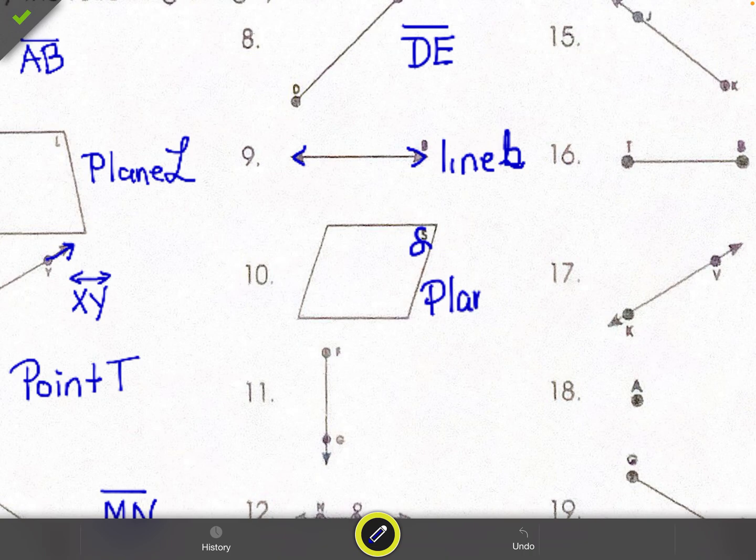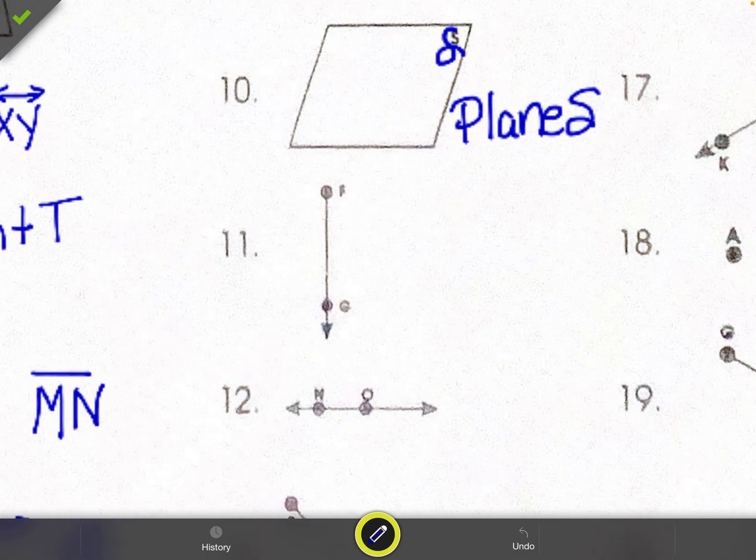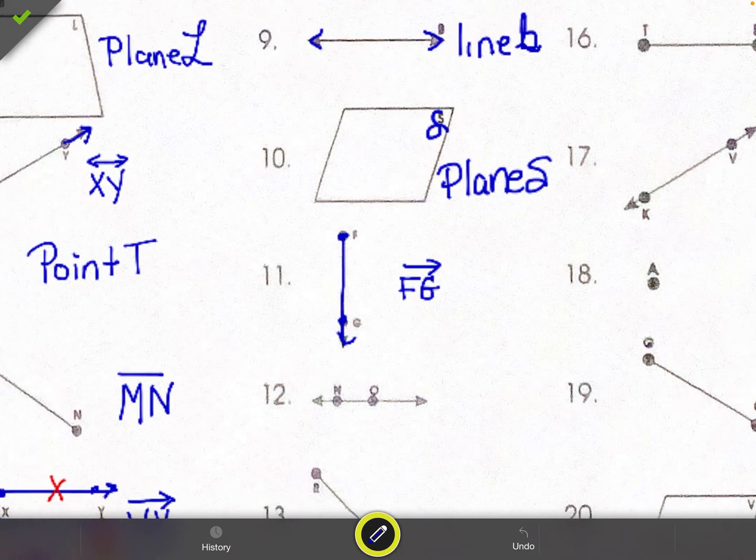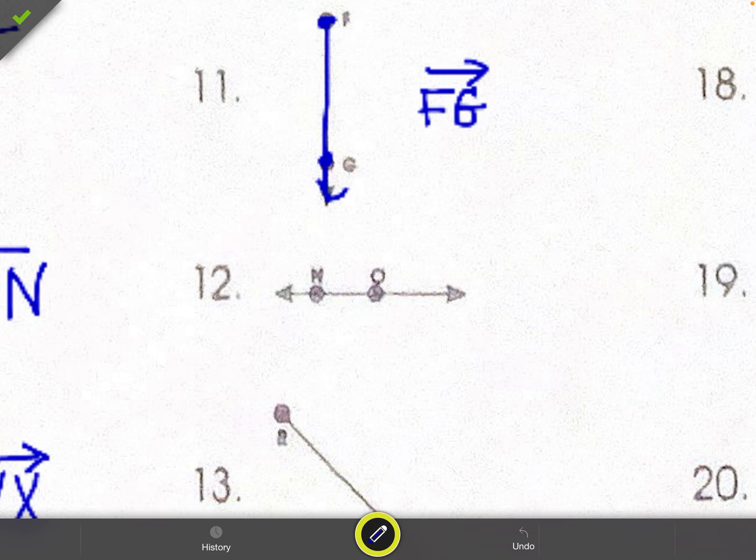Number 10, again, that should be a cursive letter. Plane S, and you could use the symbol. Number 11 starts at F, goes through G, keeps going past G. That's a ray, so point it to the right. Ray FG. Number 12, paying attention to my arrows, indicating it's a line.